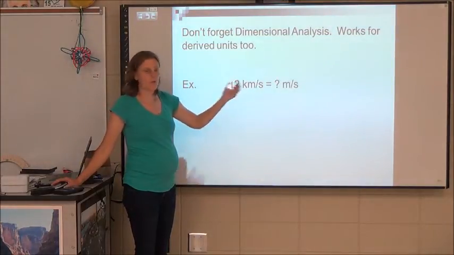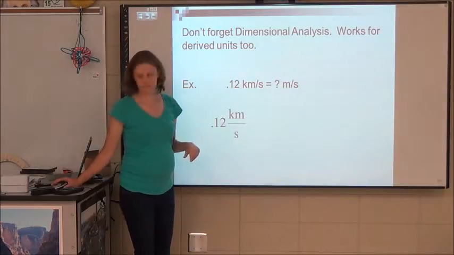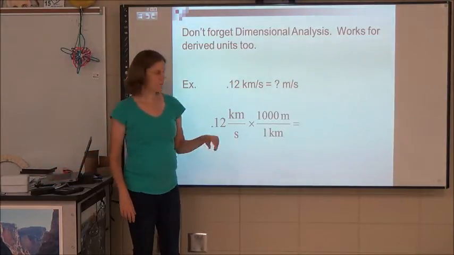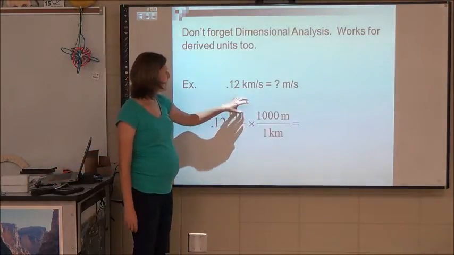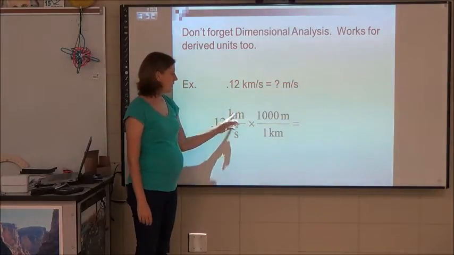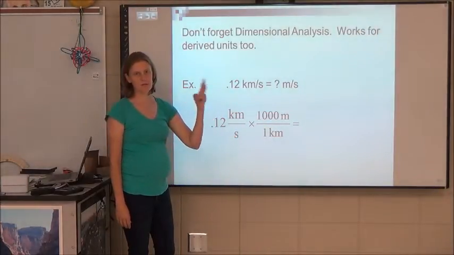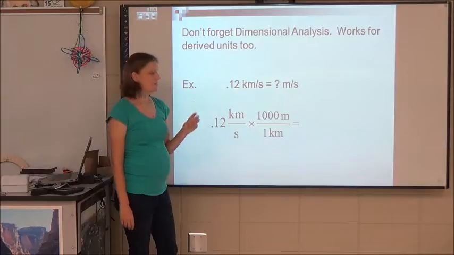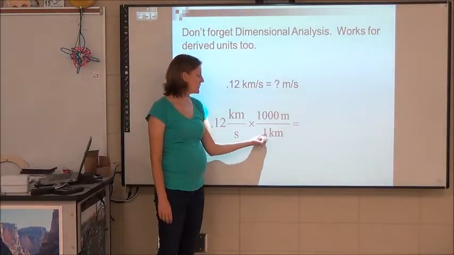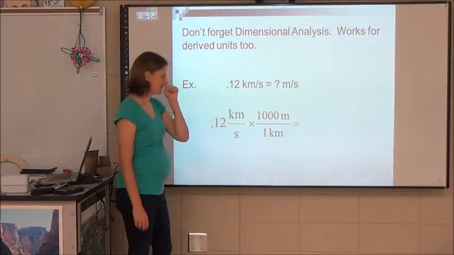Occasionally we'll have unit conversions, so don't forget dimensional analysis works for derived units too. If I have kilometers per second and I want meters per second, I can just come up with a conversion for the kilometers to meters. Like I said, the big three: kilo, centi, milli. Kilo and milli are factors of 1,000. Of course, a kilo is bigger, so put 1,000 little meters with one kilometer.